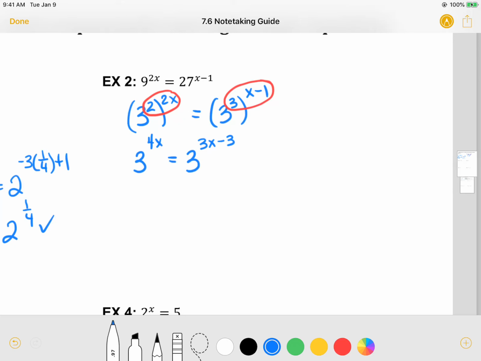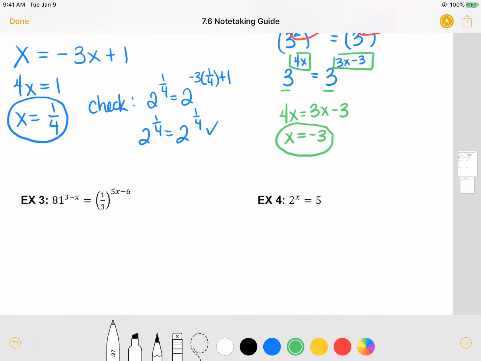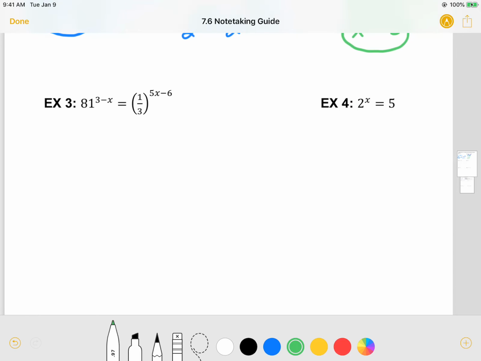So now that the bases are the same, that means our exponents are going to be equal to each other. So I'm going to make an equation and set those exponents equal, and then solve. So maybe subtract 3x from both sides, and that's going to give us a value of x at negative 3. Okay? Let's try number 3 here.